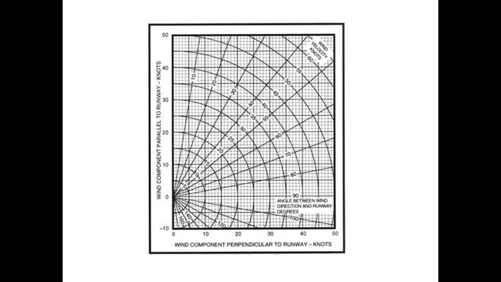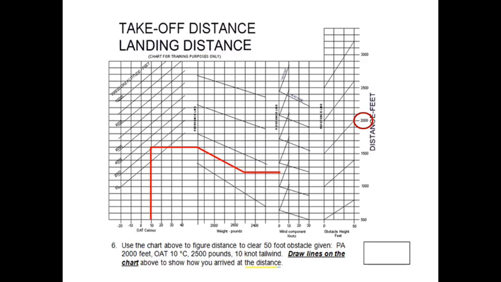You're going to be able to calculate head and tailwind components later in the course, and you'll use a chart similar to this, where you'll see if the wind is a degree or two or 60 or 90 off of the nose of the airplane or off of the runway heading, and you'll be able to figure out what the headwind or tailwind component of that is. So that's for later. In our case right now, that scenario again is given to you.